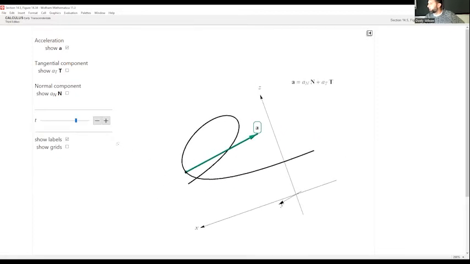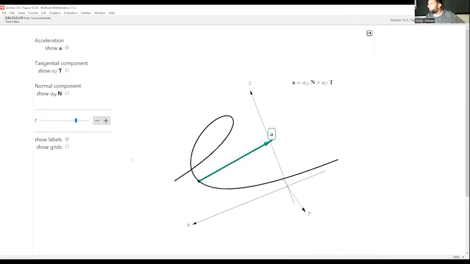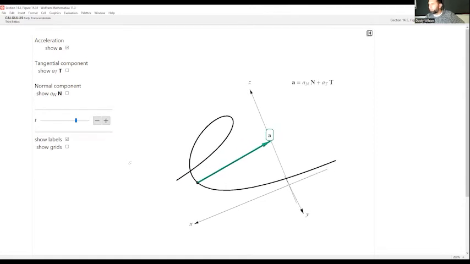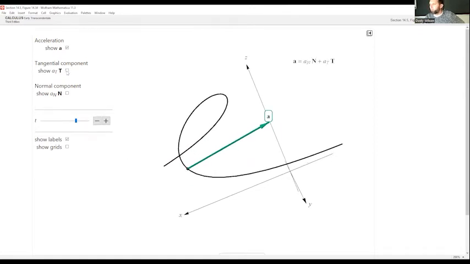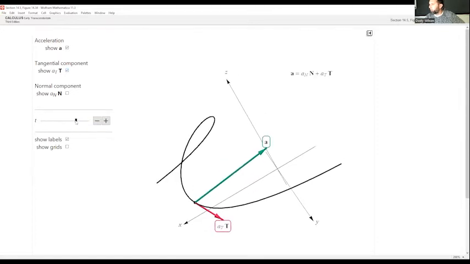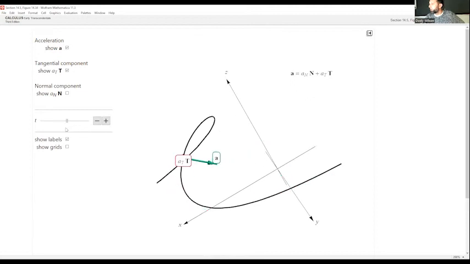And so again, we're being pulled into the curve, if you will. And we could ask how much of this acceleration is in the direction of travel and how much of this acceleration is perpendicular to travel. So the normal component, sorry, this is the tangential component, says there are places where you seem to be going relatively straight, and so the tangential component, the red part, is relatively long.